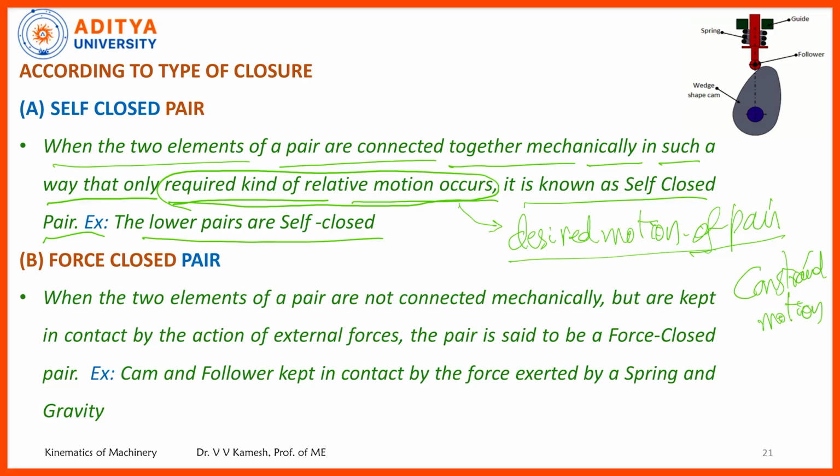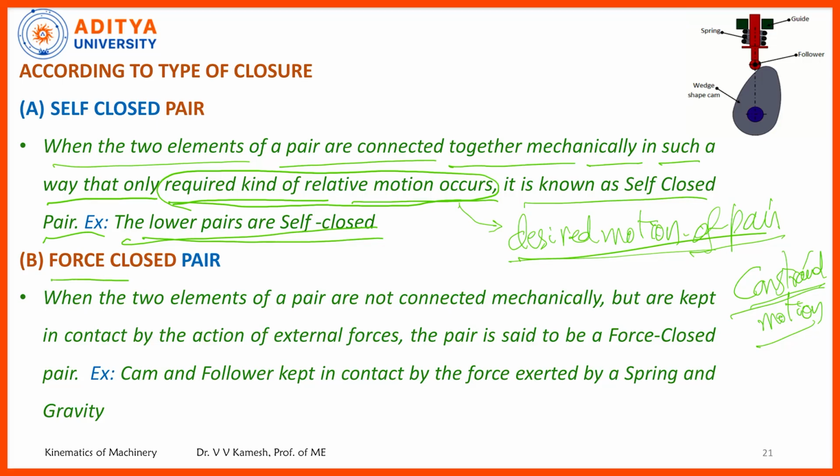I think we know very well what is constrained, what is successfully constrained and other things, right? So, the desired motion of the pair according to your need should be rotation or only translation, right? And all the lower pairs are self-closed, right?